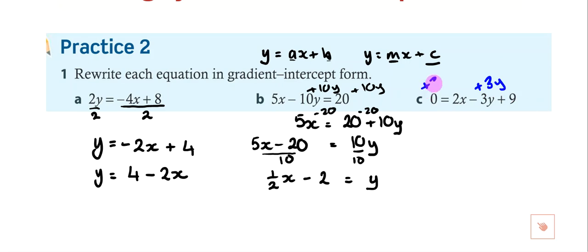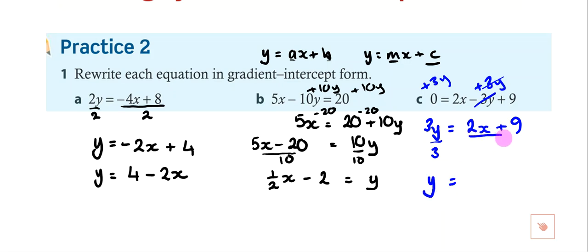If we added 3y's, what do I then end up with? 0 plus 3y is 3y. 3y equals, well that cancels, so it becomes 2x plus 9. So what's left behind? Now we just divide by 3. So if we divide it by 3, we get 1y.